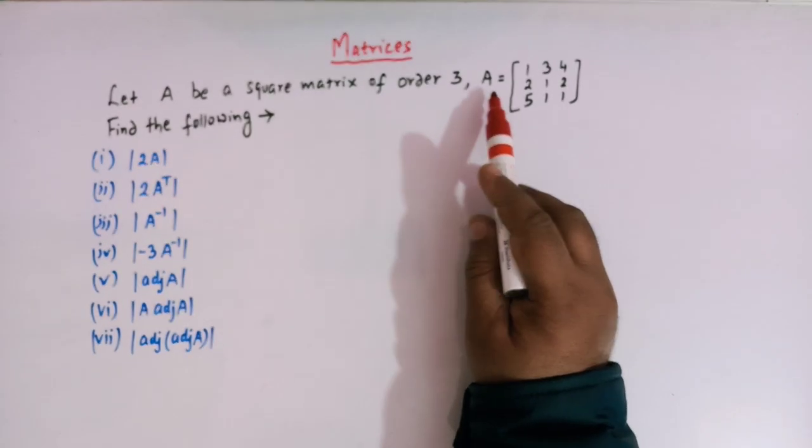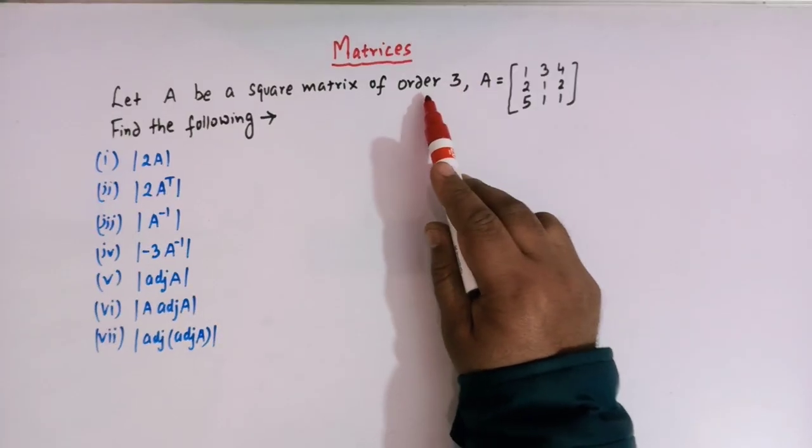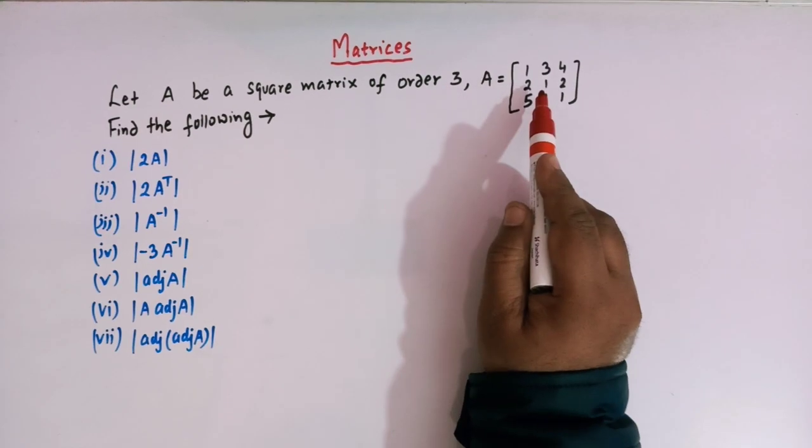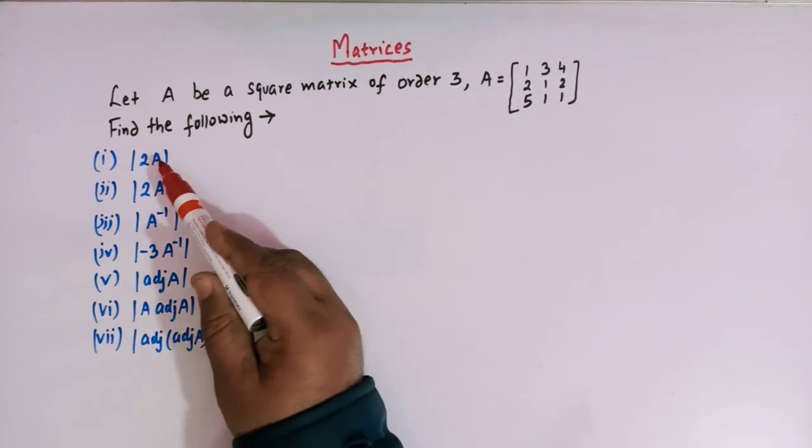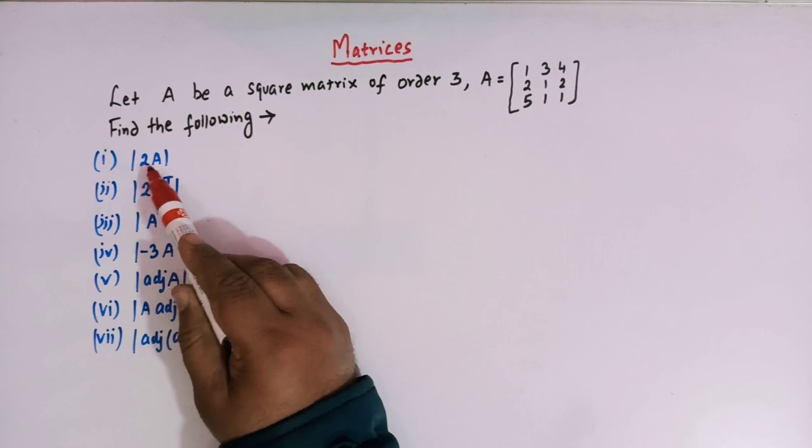So here we are given this matrix of order 3, and we have to find the values of determinant of 2A.